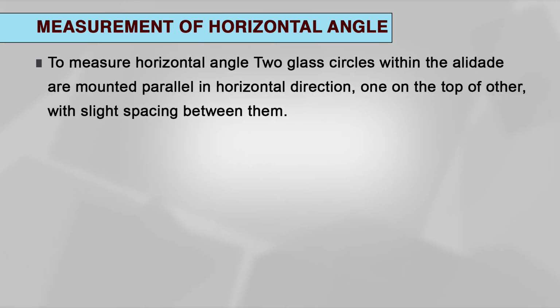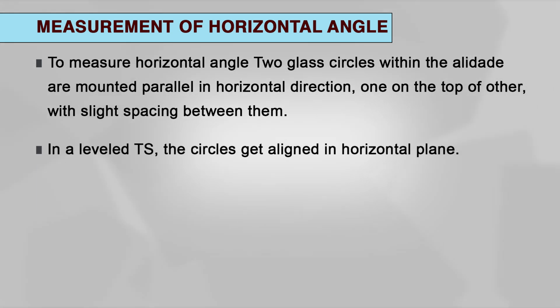Measurement of horizontal angle. To measure horizontal angle, two glass circles within the lid are mounted parallel in the horizontal direction, one on top of the other, with slight spacing between them. In a leveled total station, the circles get aligned in the horizontal plane.